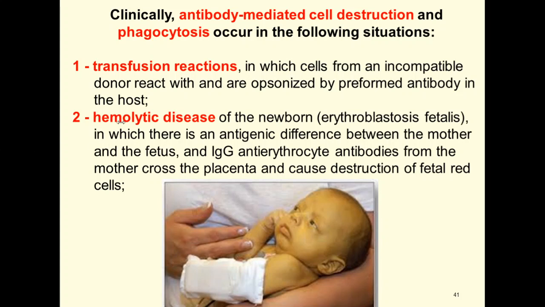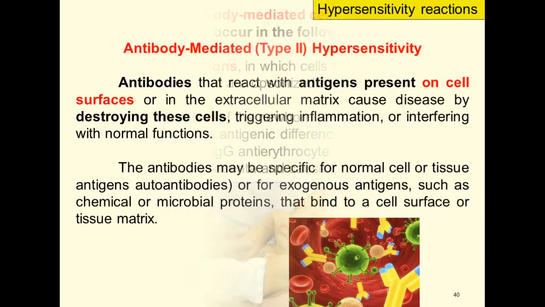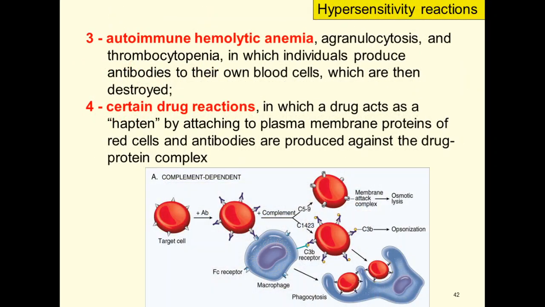Next example, hemolytic disease. So classically, when the mother has negative rhesus and her child has a positive rhesus. Next one, autoimmune hemolytic anemia and some drug reactions.